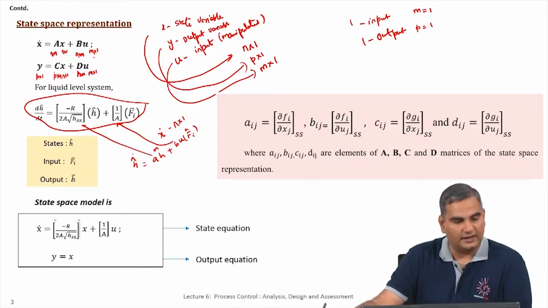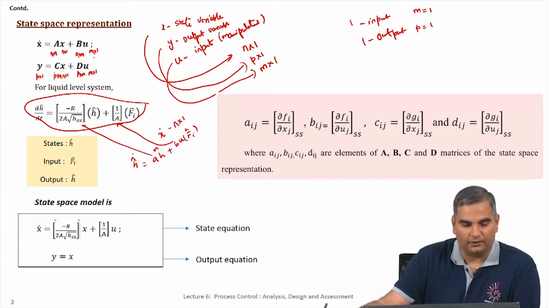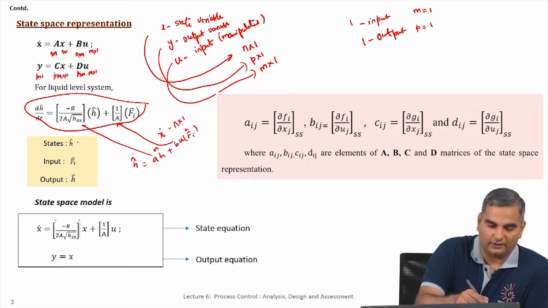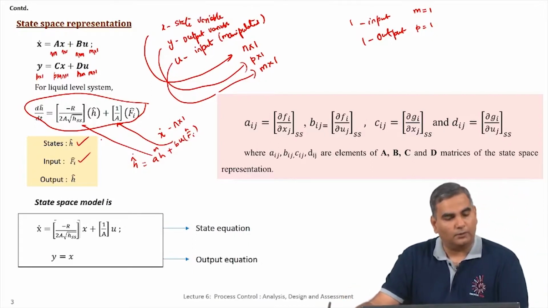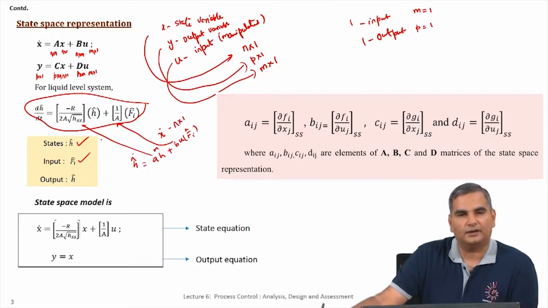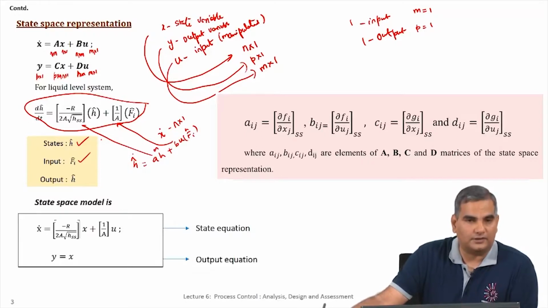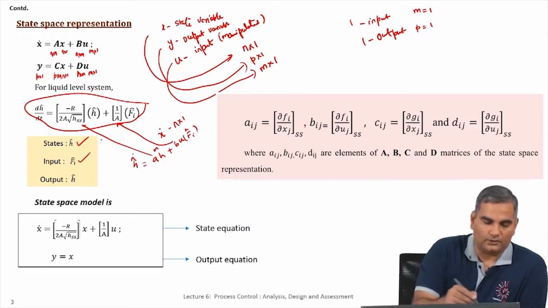So, there is only one state and there is only one input Fi. So, if you think about this, then you can say the state is h hat and the input is Fi hat. Now, what about the output? If we were solving a control problem where we are essentially measuring the height of the tank, and the output of interest that we want to control is really the height of the tank, then the output is also h hat.